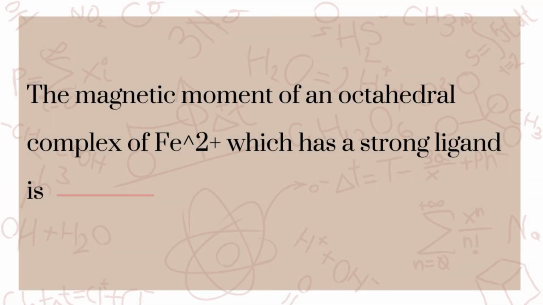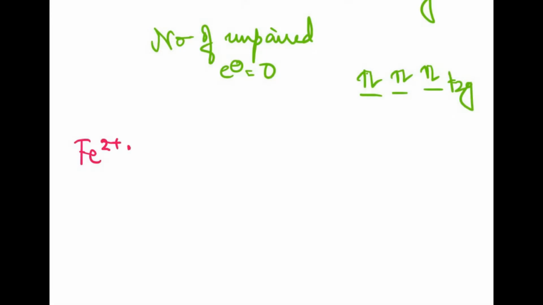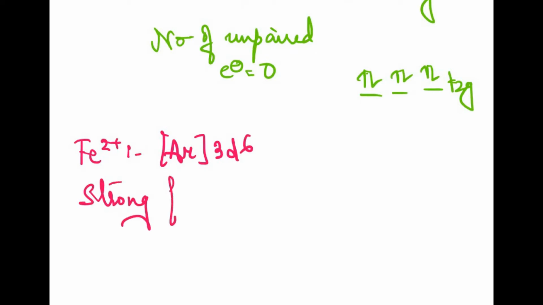The next question says: magnetic moment of an octahedral complex of Fe2+ which has a strong field ligand is. The complex is an Fe2+ complex. Fe2+ means argon core 3d6, and it should have a strong field ligand. Strong field, as discussed before, means there should be pairing of electrons.